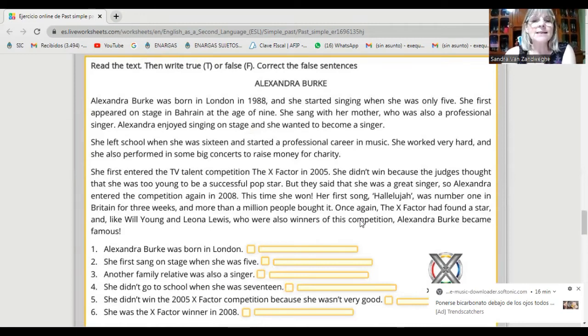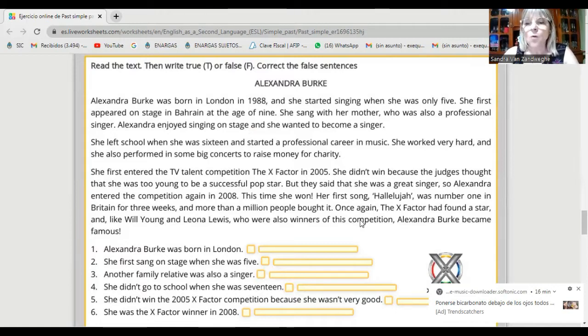She first entered the TV talent competition, The X Factor, in 2005. She didn't win because the judges thought that she was too young to be a successful pop star. But they said that she was a great singer. So Alexandra entered the competition again in 2008. This time she won.